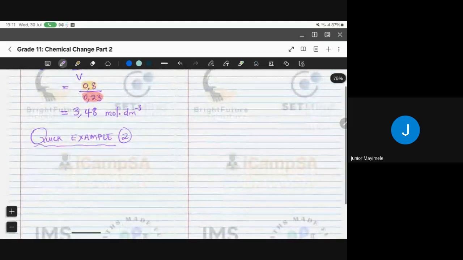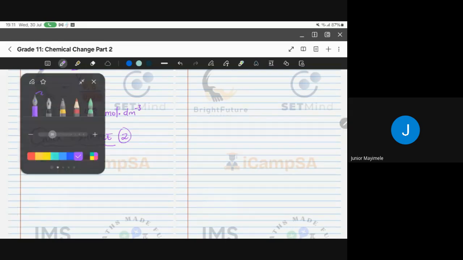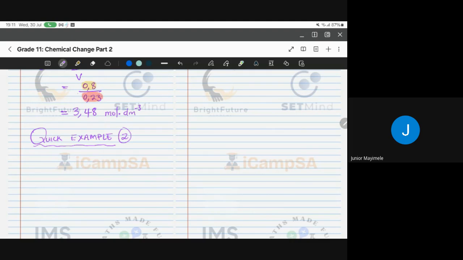You should be able to understand either way. Let's say you have 3.2 grams of hydrochloric acid dissolved in 200 cubic centimeters of water. You are required to find the concentration of hydrochloric acid. This one will be a bit more interesting.